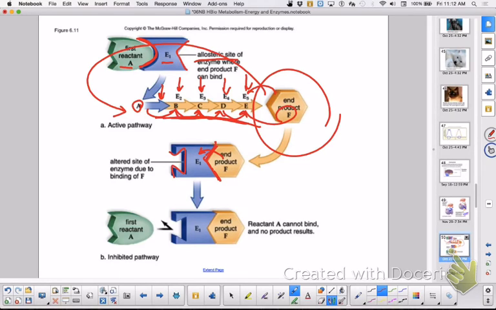So now substrate A can't bind, so it shuts the whole series of reactions down just by controlling the first step. Conversely, when you start to run out of F, it won't bind to the allosteric site any longer, and as a result, the active site becomes back to its original shape, and it'll facilitate that reaction again.